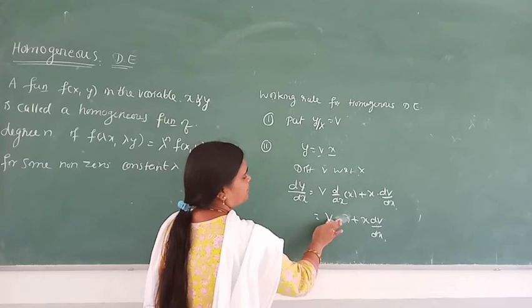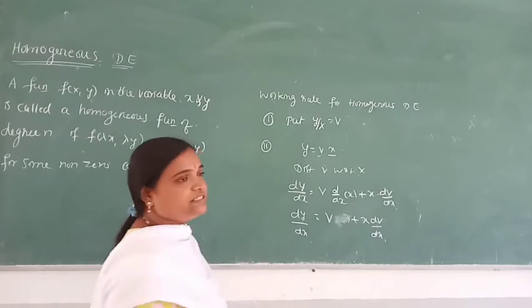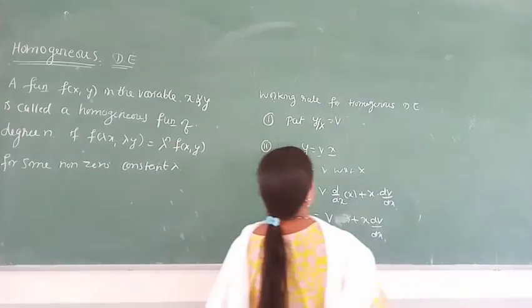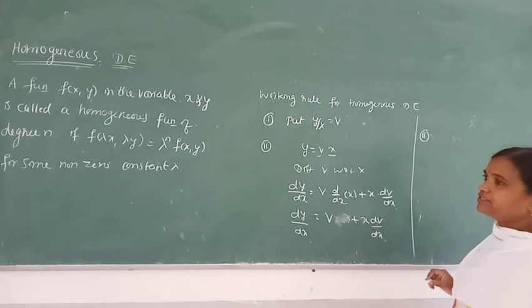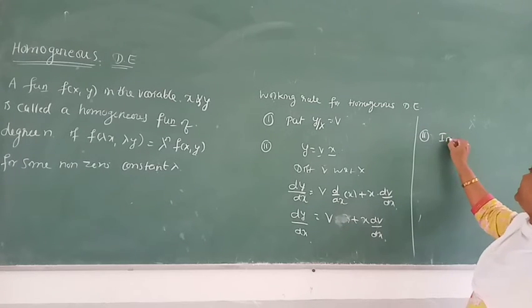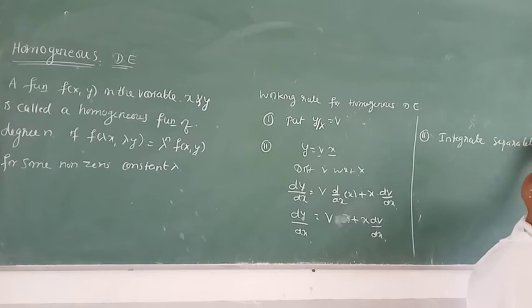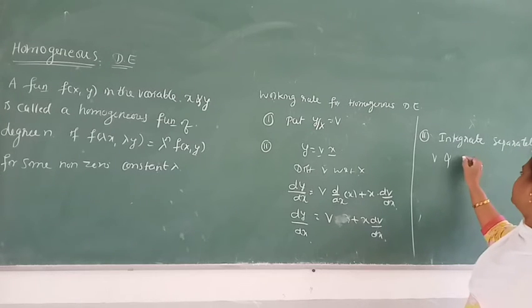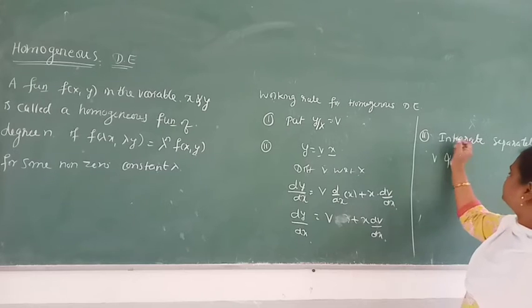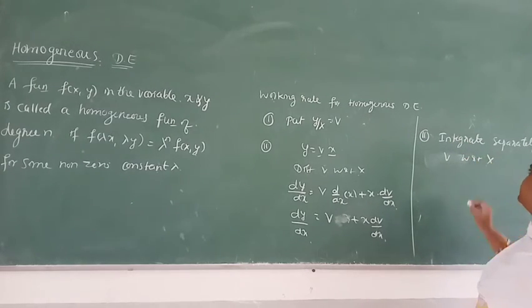So dy by dx is v plus x into dv by dx. Means that one we have to substitute in the given differential equation. Later onwards, integrate separately, v and x. Better we can write v with respect to x separately.